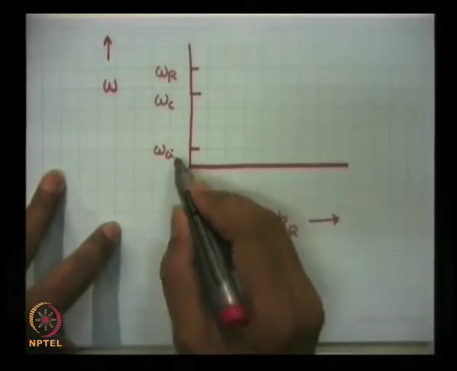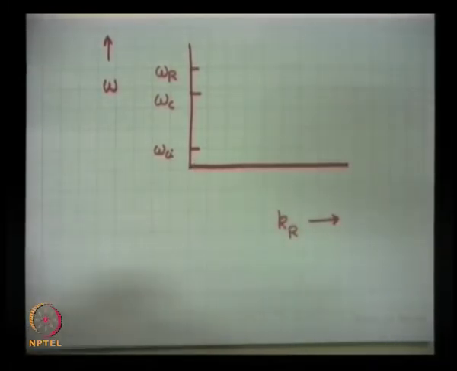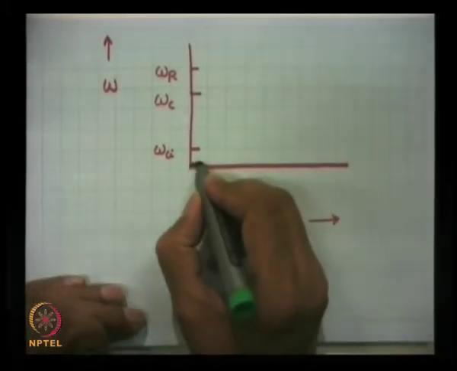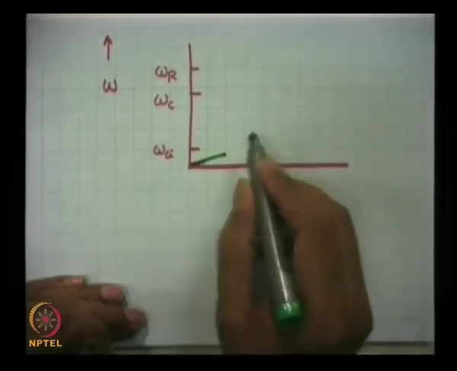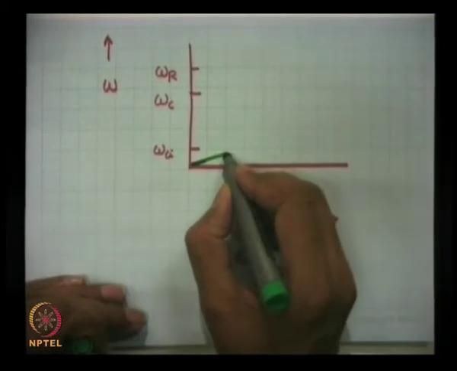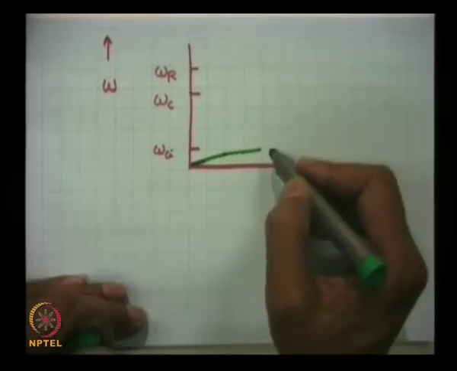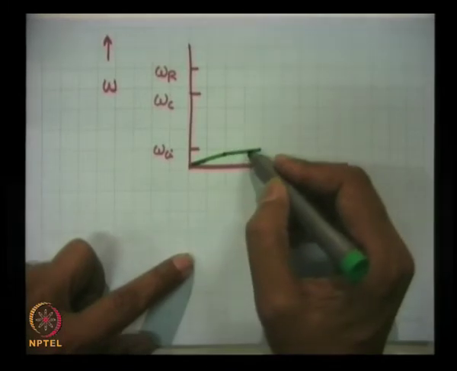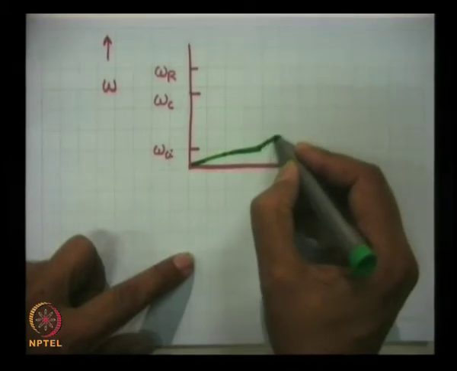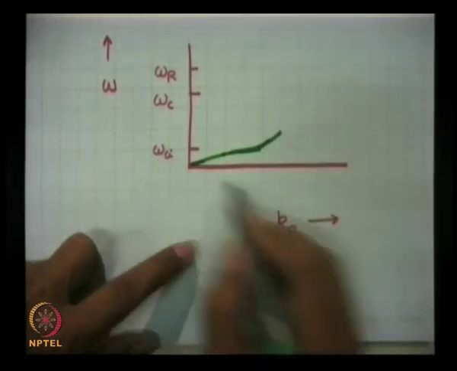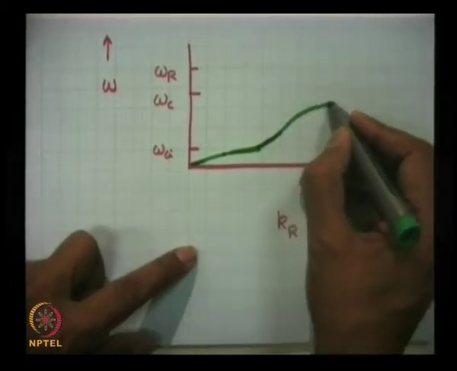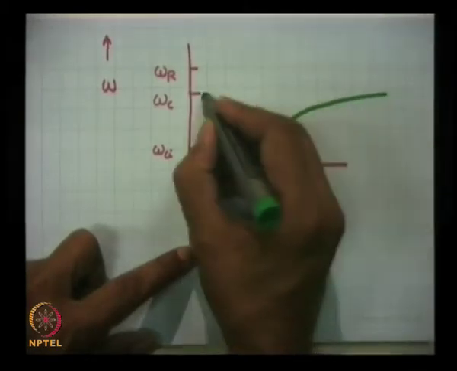At very low frequency your wave is an Alfven wave, and its dispersion relation would be something like this. But as it approaches omega c, its character changes, and it becomes like a Whistler wave at higher frequency than omega c, and omega goes as k square. It becomes parabolic here, and then this goes to infinity. This is called cyclotron resonance.